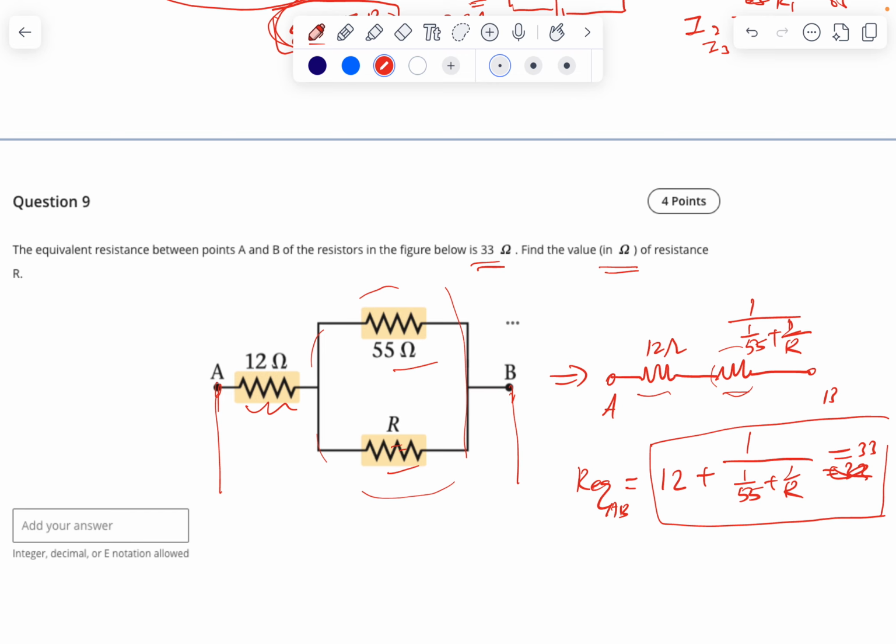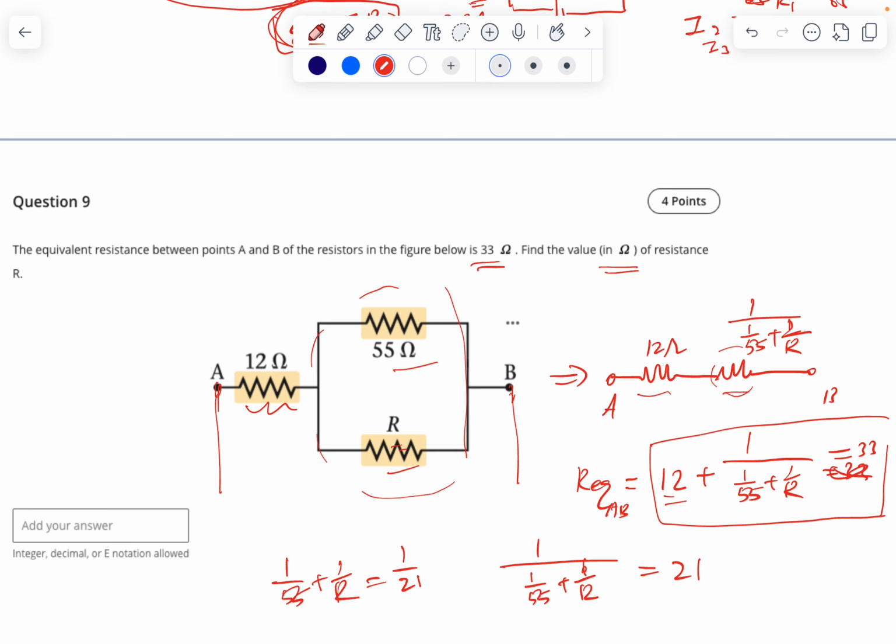Figure out R. So how to solve this? Very straightforward. Take the 12 to the other side of the equation: 33 minus 12 is 21. Then you flip on both ends, so 1 over 55 plus 1 over R equals 1 over 21.